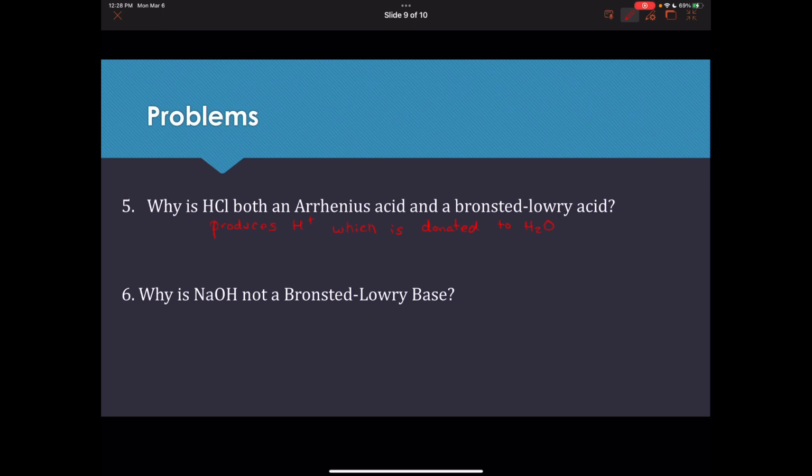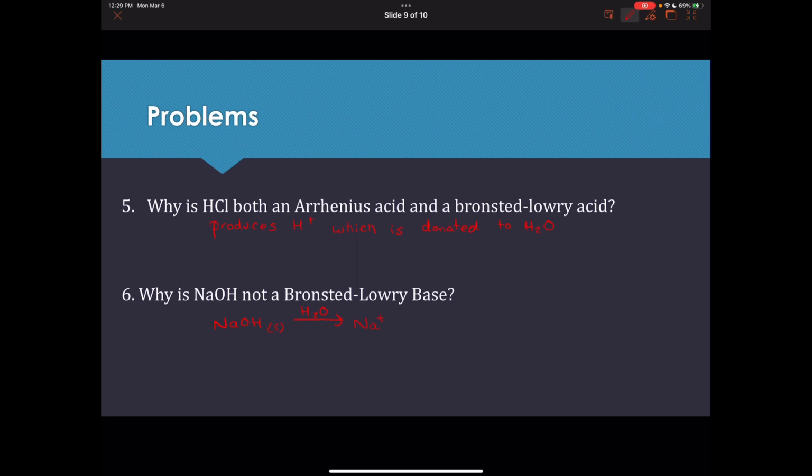Now, not all Arrhenius bases will be Bronsted-Lowry bases. Bronsted-Lowry bases will typically be Arrhenius bases, but not vice versa. And if we look at that, we said with our Arrhenius bases, many of them are going to be ionic, such as our sodium hydroxide. If I take that sodium hydroxide and put it into water, we're getting straightforward dissociation.